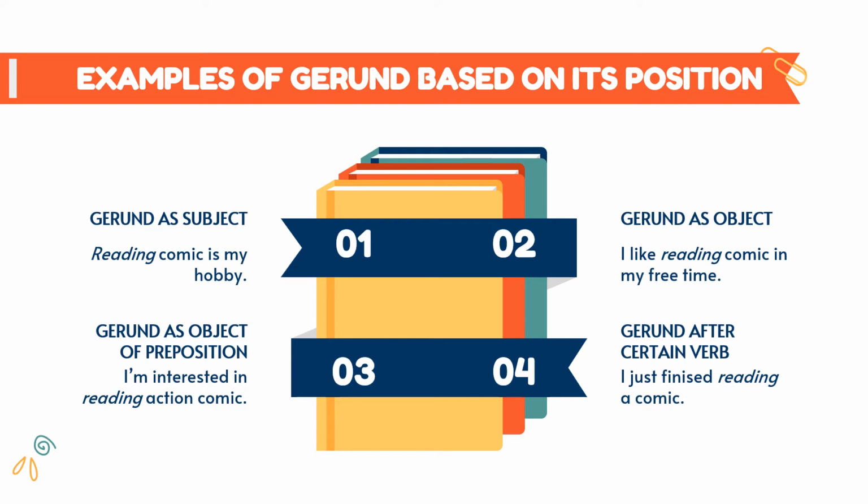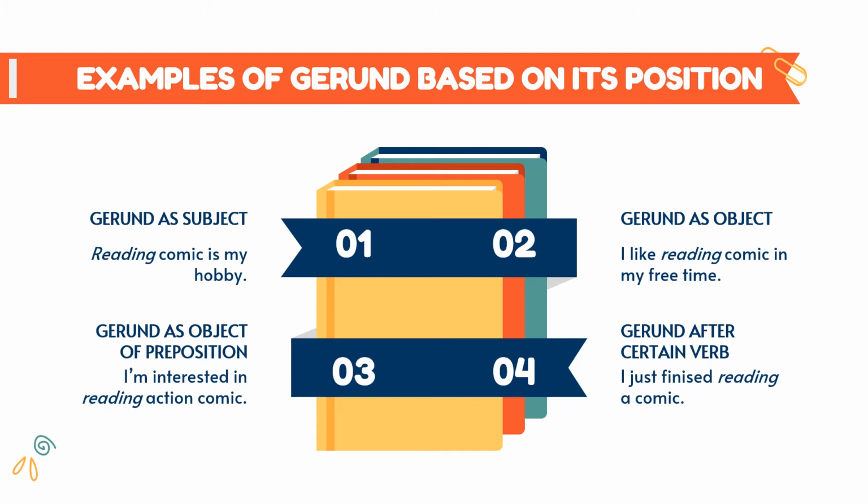Just add ing at the end of the verb, and put this word in the position that you would like. For example, in this case, I put it as an object, so it was put at the end, after the verb.